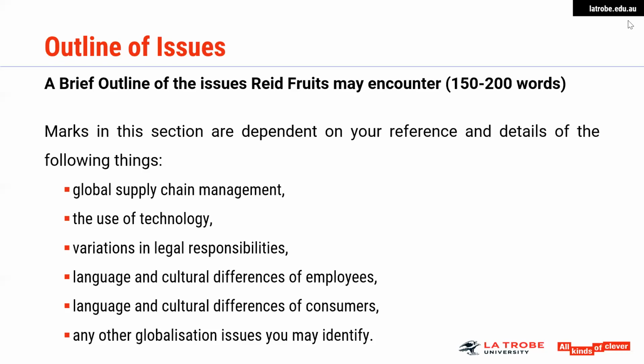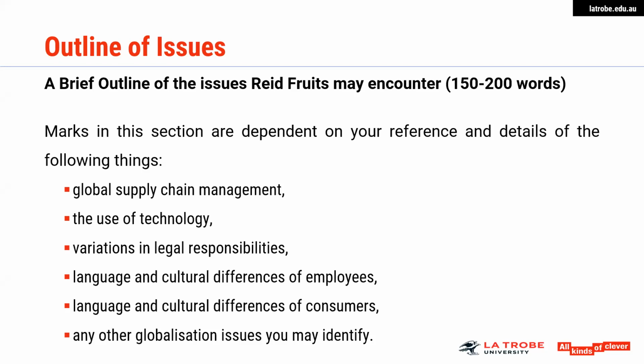So when you outline the issue, the marks in this section really depend on your references and the details that you are providing on some of those issues that we've looked at in class. So that's your global supply chain management, using technology to overcome some of those barriers, variation in legal responsibilities between the countries, then those language and cultural differences.